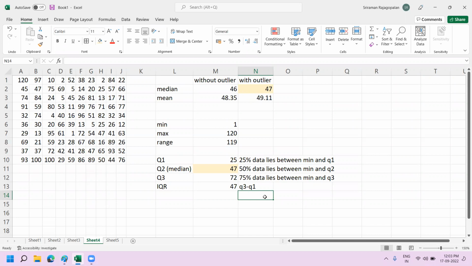Save it. So what is IQR? Interquartile range is the difference between Q3 and Q1.